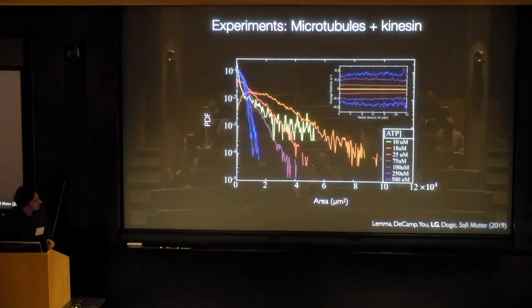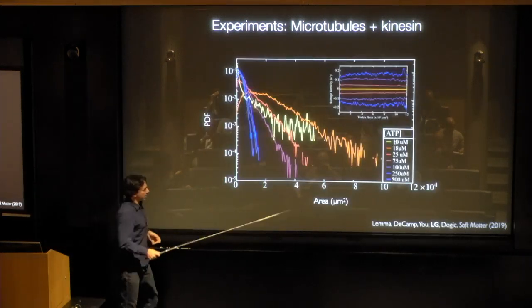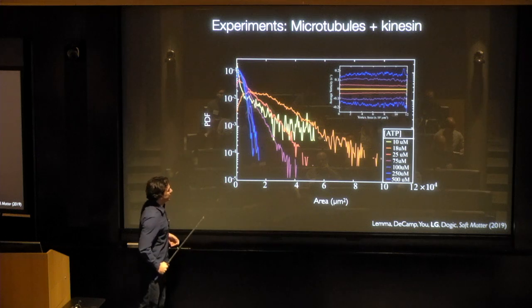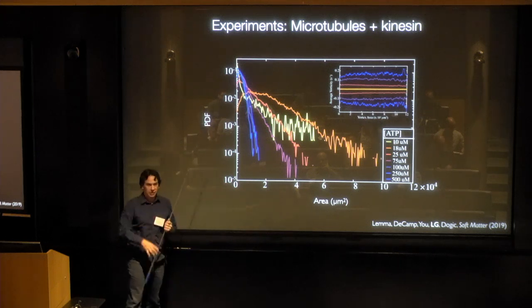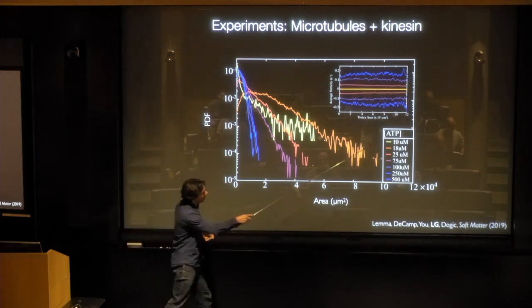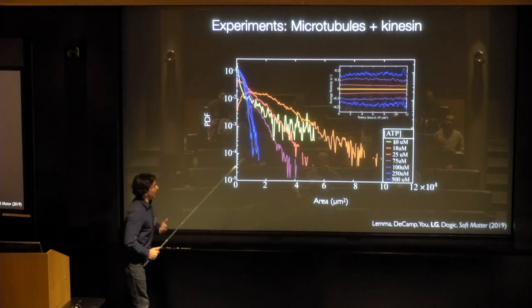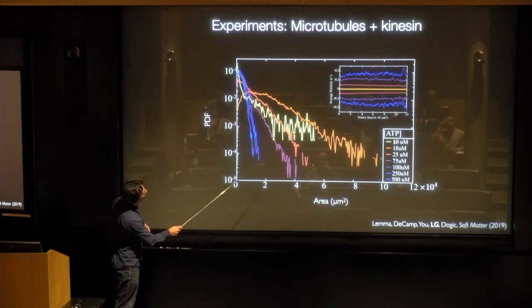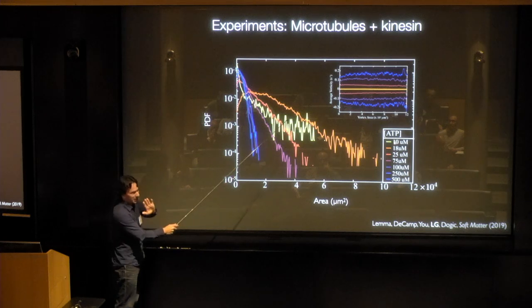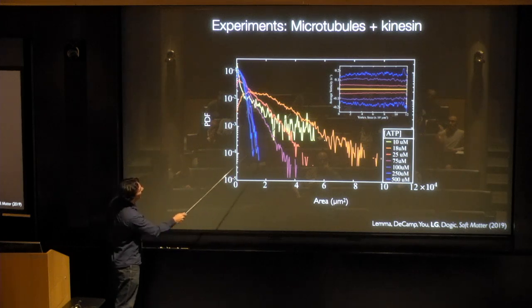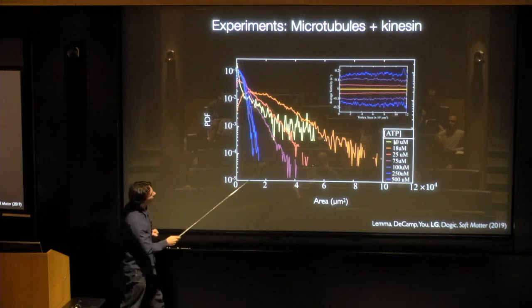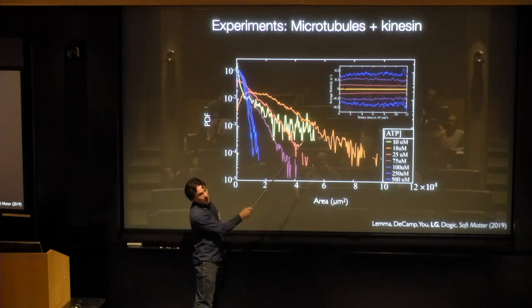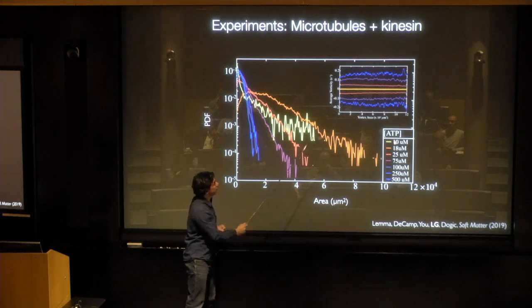More recently, Zvonimir, together with the student Linnea Lemma and Stephen Degamp, did a more sophisticated version of these experiments. They tried a bunch of different activity values and managed to confirm more. Now, if you ignore these two lines here, I will explain why you have to ignore them, you can see that indeed the exponential distribution is recovered, and the fact that the vorticity does not depend on the area is very beautifully recovered, I would say.